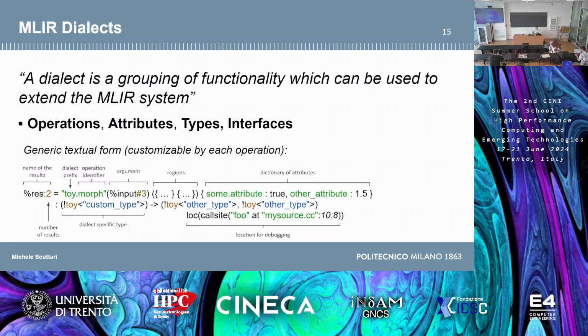The morph operator does something. It doesn't matter what it does. It's your own problem. And these operators can also include other code. So they may be operators such as for, that includes a body. The body is not part of the operator itself, but it's a region within the operator. So you can define constructs that are fairly complex. Actually, they can be very complex.